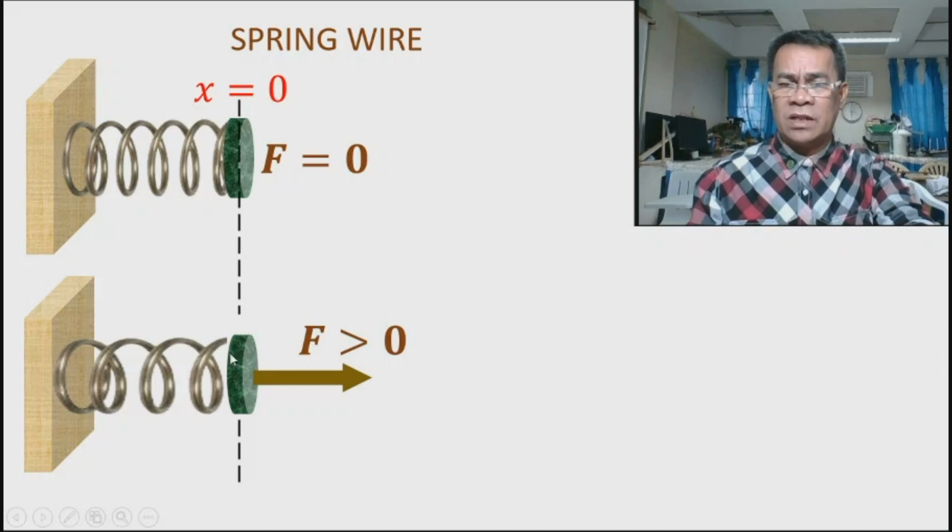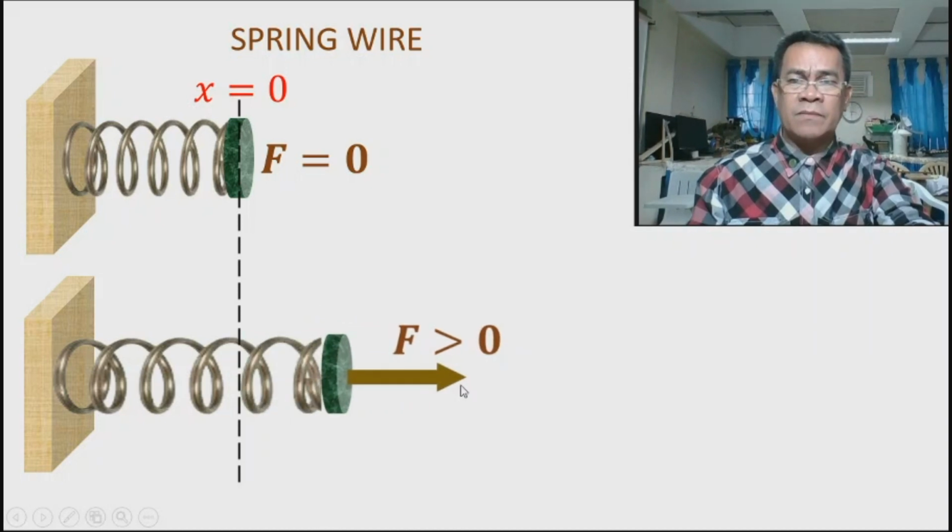Remember that this level is where there is no stretching, or no displacement of the spring. After application of force, it will be stretched, so we have this stretch length as a positive x, because we assume that positive is going in this direction.